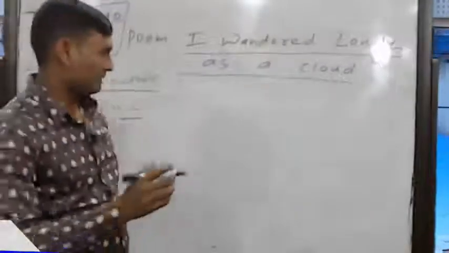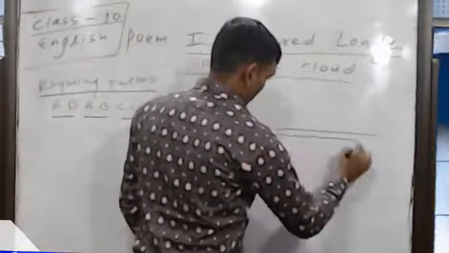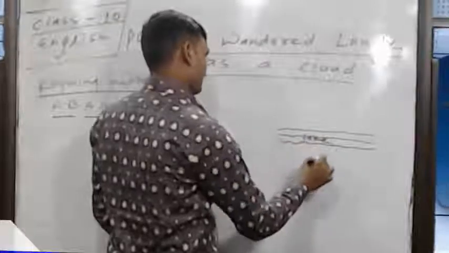For example, I am going to draw a picture. This is the lake, Glencoe Bay lake.